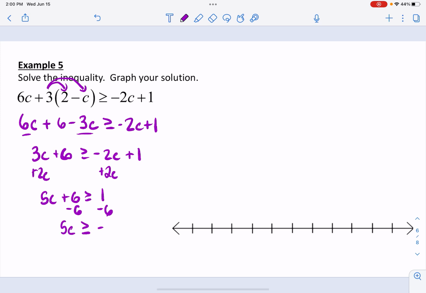I always like to work with positive variables because then when I divide, I now don't have to worry about that negative piece. So I have negative 1, 0, 1, 2, negative 2, negative 3. C is greater than or equal to negative 1. Greater than or equal to is that direction.